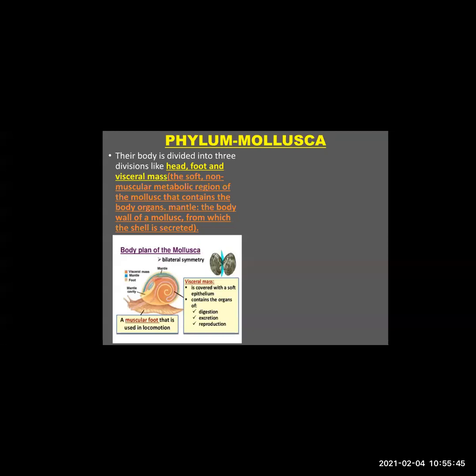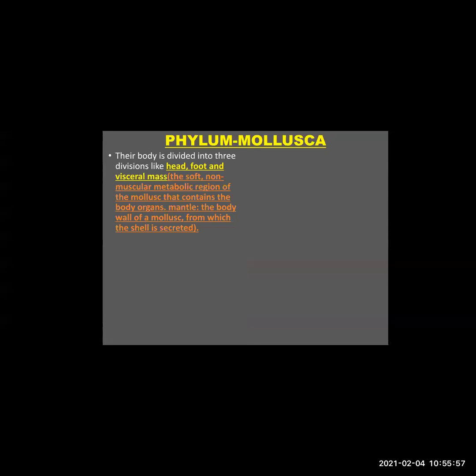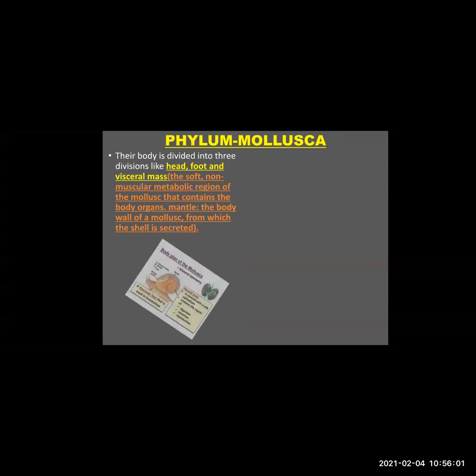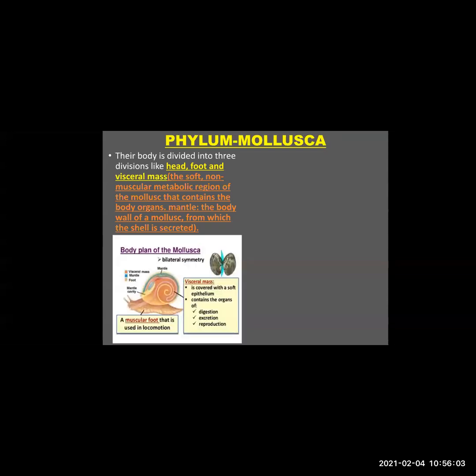Then the next point is mantle. What is mantle? From the picture you can understand this green color covering at the top. The green or light blue circular lining is called the mantle.